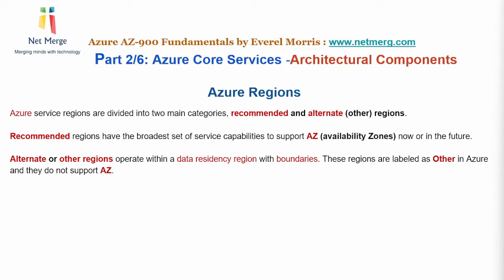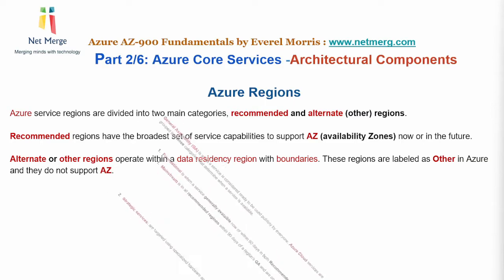So the availability zones that we spoke about, having three availability zones in an Azure region, those are for recommended regions. So of the 60 regions that Microsoft has worldwide, only 23 of those are recommended regions that you have access to.